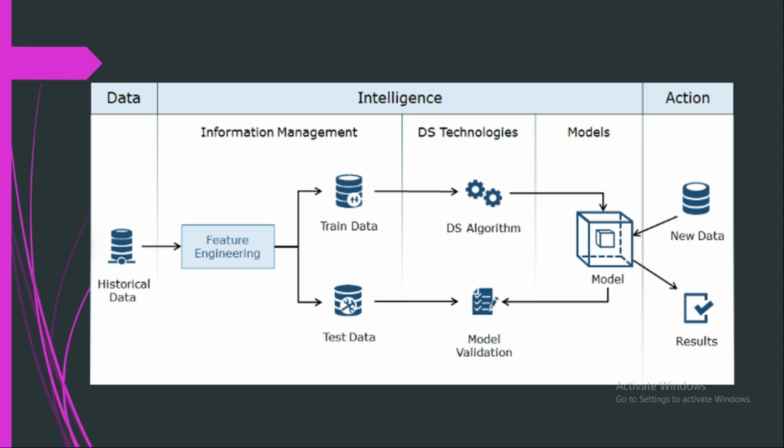After that you split the data into two parts, train data and test data. After splitting the data, you run the algorithm, whichever machine learning algorithm you are using. You build the model here, and after that you validate the model on the test data.